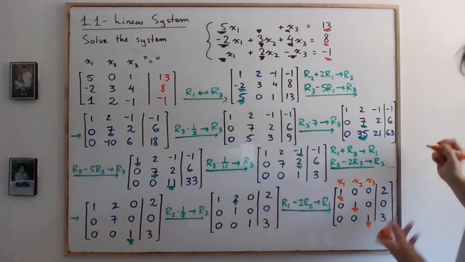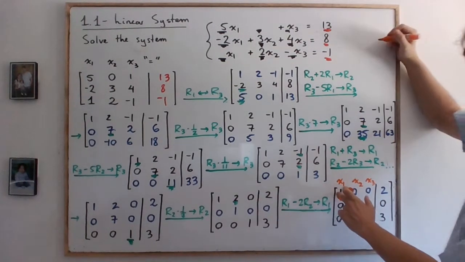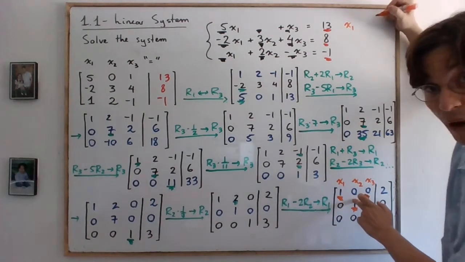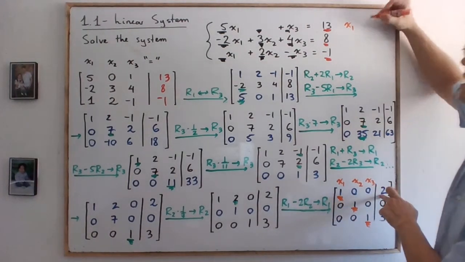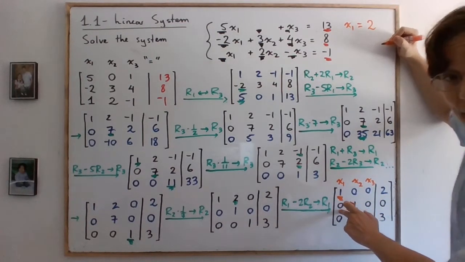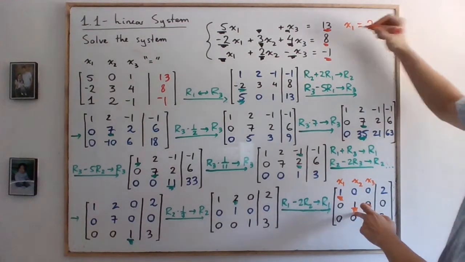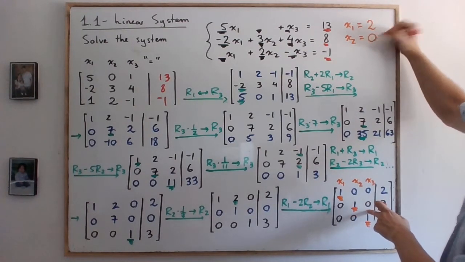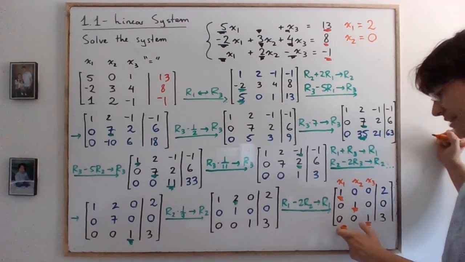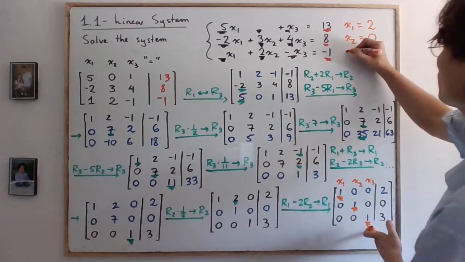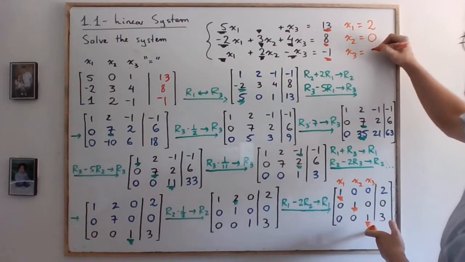So in other words, the solution to this system is x1 plus 0 x2 plus 0 x3 is equal to 2, okay? 0 x1 plus x2 plus 0 x3 is equal to 0. And finally, 0 x1 plus 0 x2 plus x3 is equal to 3.